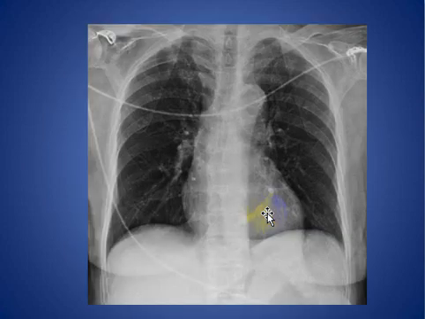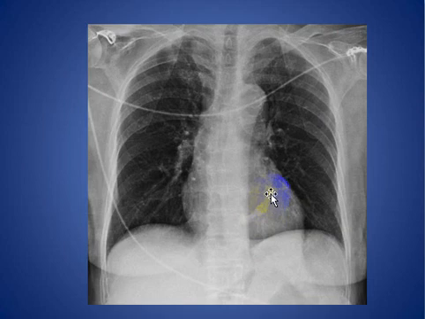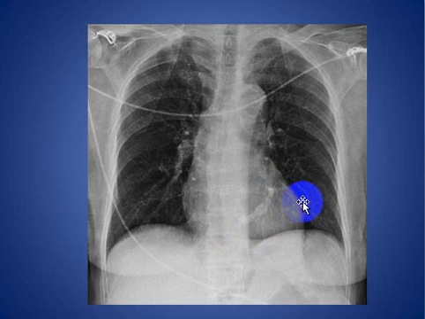Here another patient with mitral valve annular calcification. It looks like a C-shape, but it can also be O-shaped, C-shaped, or J-shaped calcification.